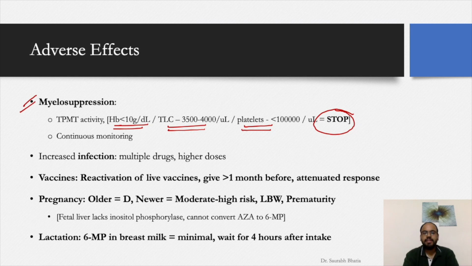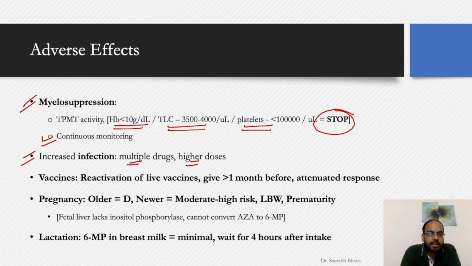Okay, so these are the parameters which will point you towards either one of the cell line penias or pancytopenia, and that's a very good indication to stop the drug. And to make sure you are on the lookout, continuous monitoring of CBC, complete blood count, is essential. Increased chances of infections are there when you're using multiple drugs or higher doses of azathioprine.